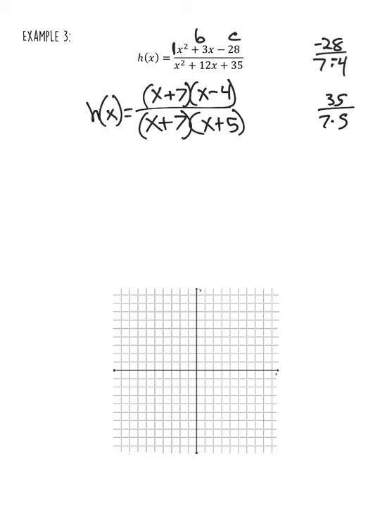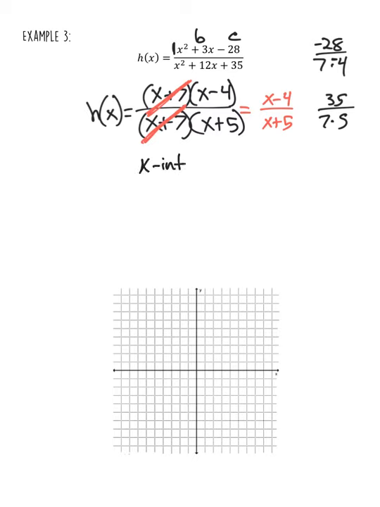If I cross these out, I get my final simplified rational expression. And because things are canceling out, I already know that I should have a hole or gap in my graph. First thing I'm going to do is find the x-intercept.